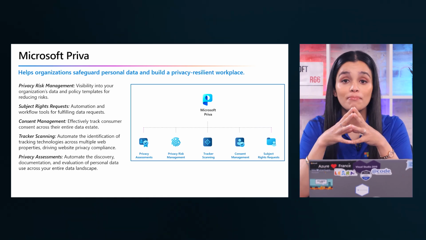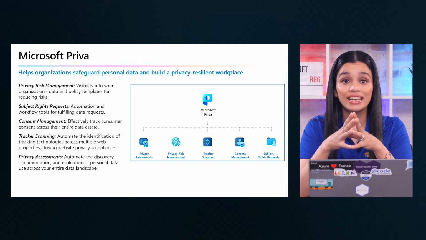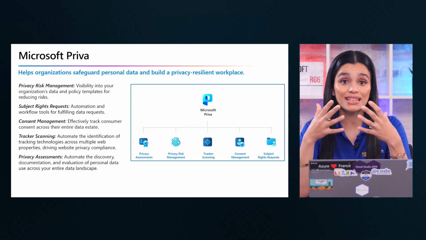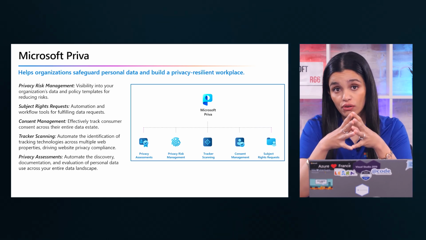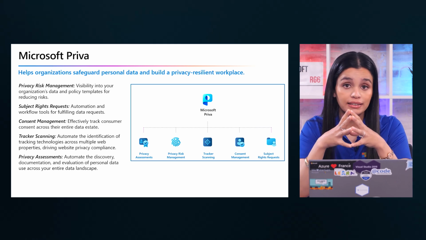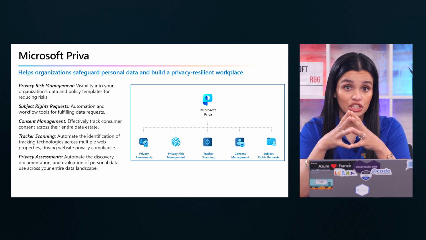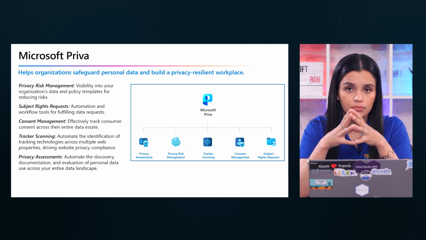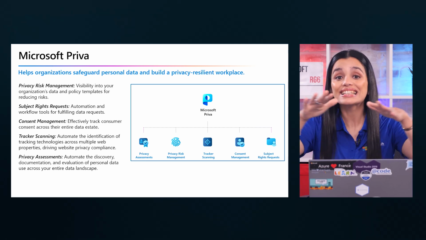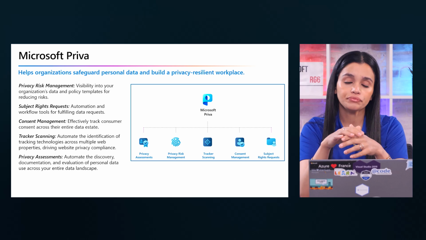Priva Consent Management is a regulatory-independent solution for streamlining the management of consented personal data. Consent Management empowers organizations to effectively track customer consent across their entire data estate.